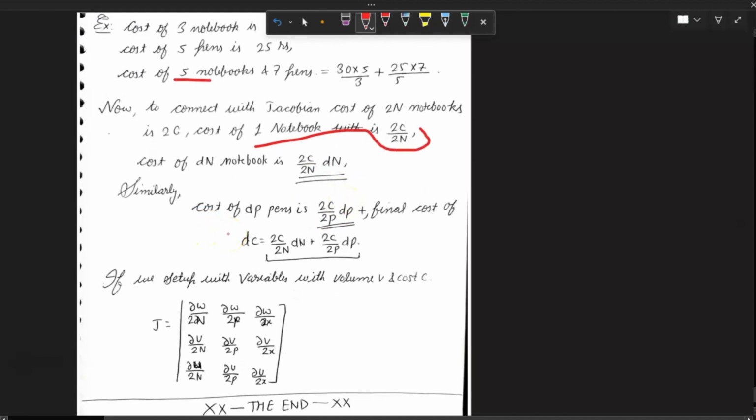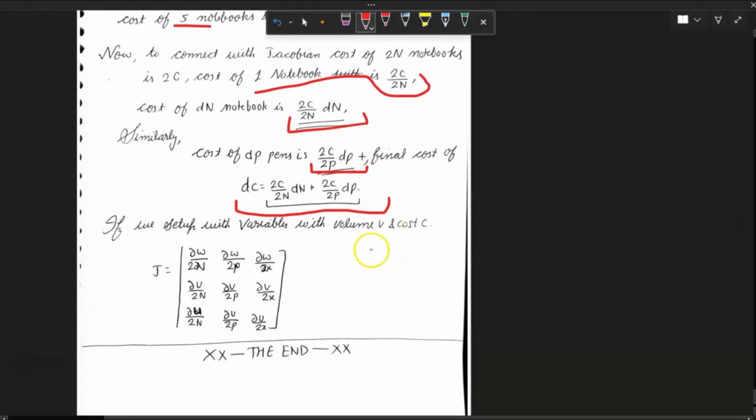Similarly, the cost of dp pens is dc by dp times dp. So the final cost will become dc is equal to dc by dn dn plus dc by dp dp.